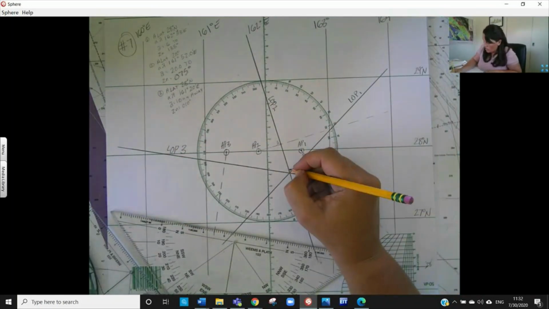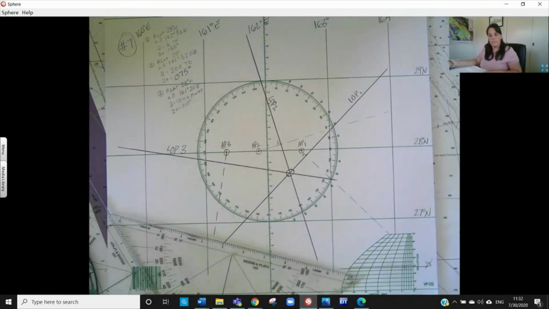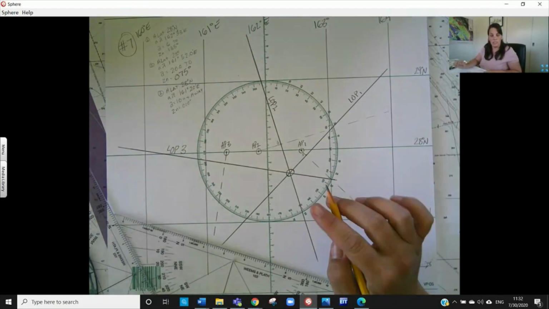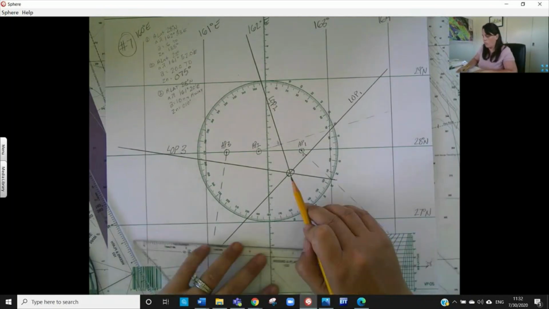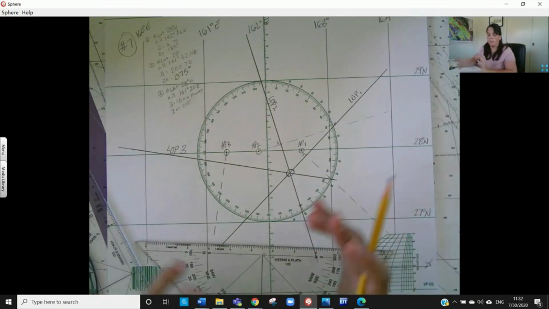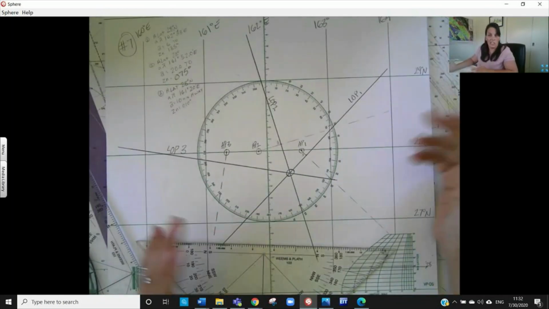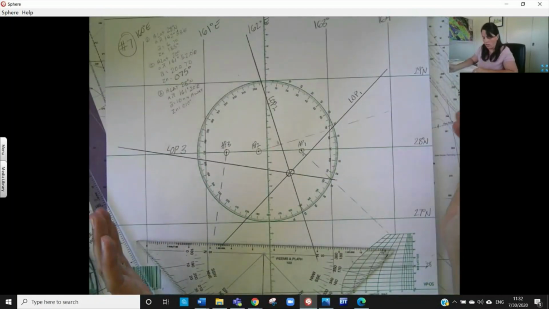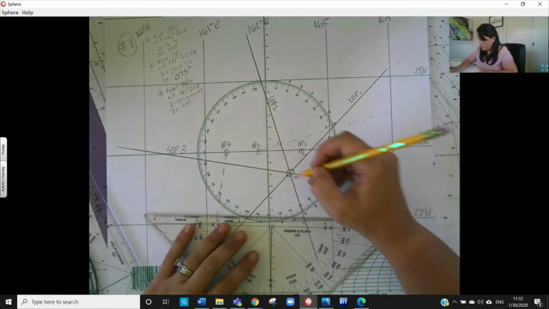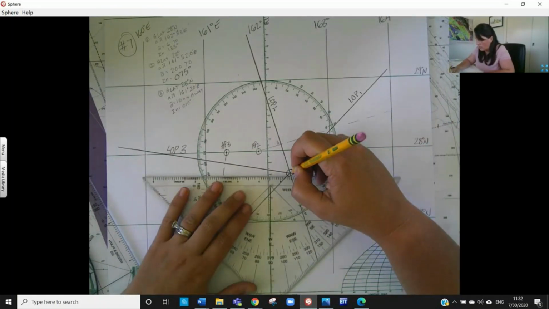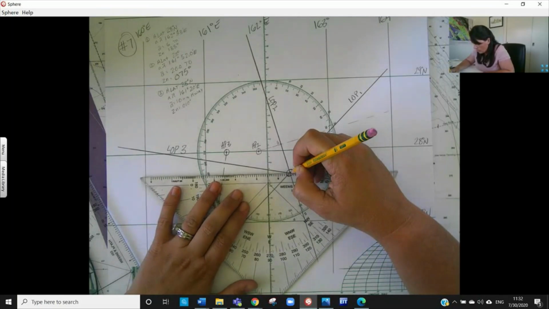So this is our position. Now it asks us, what is our position? So now we need to figure out what our actual position is, and we can put it on the chart. We can put it as a solid position. We can log it in our logbook, wherever you want it. So I'll put my pencil there, figure out what my latitude is.